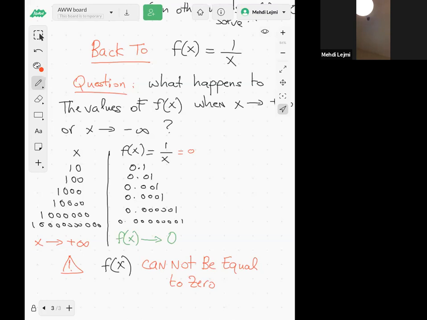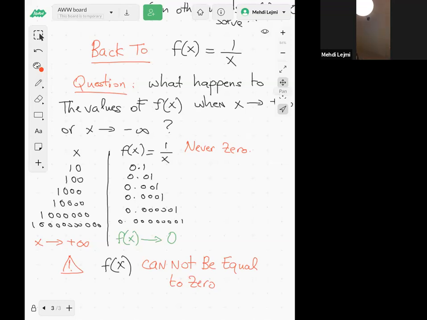It's never 0. So 1 over x is never ever 0. But as you can see, the values of the function f are getting smaller and smaller. You are approaching 0 as close as you want, but never equal to 0.